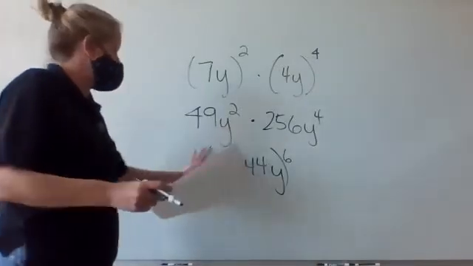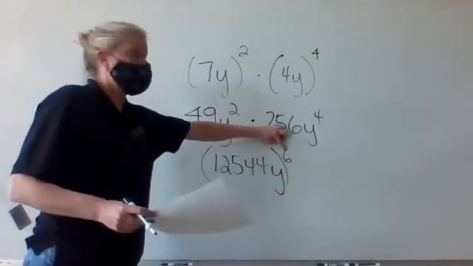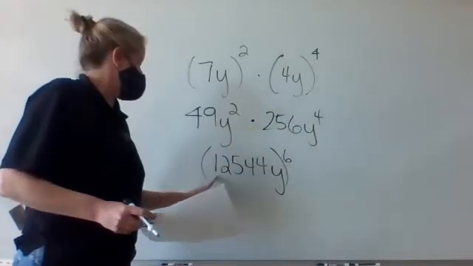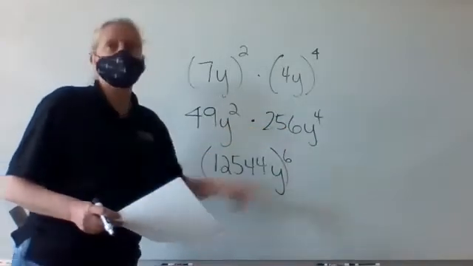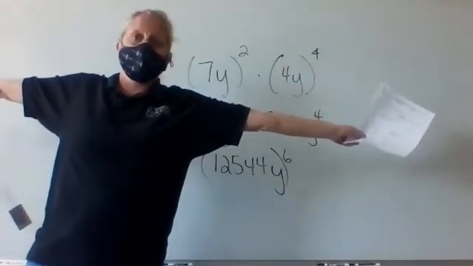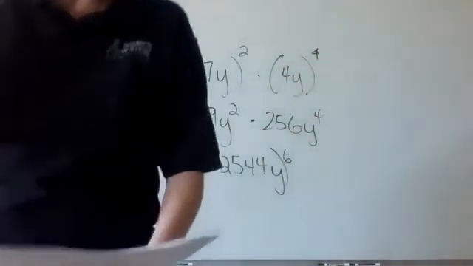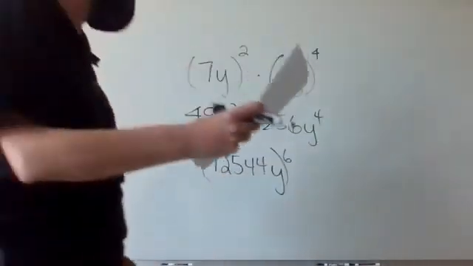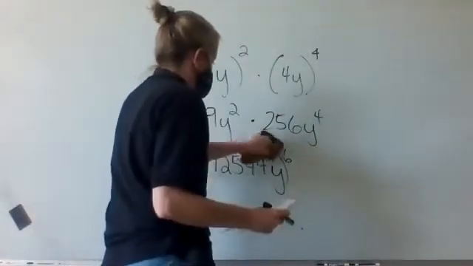That would mean everything in here to the 6th power. Well, 12,544 to the 6th power is going to be an astronomical number. Yes, I'm glad you said that. So yes, no parentheses.